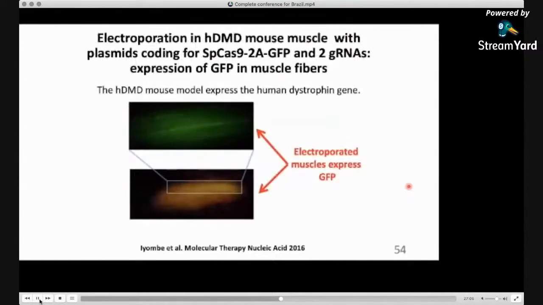For our initial in vivo experiment, we have used the hDMD mouse model. This is a transgenic mouse that expresses the human dystrophin gene, all introns and all exons. We have electroporated in the muscle of this mouse the plasmid coding for SpCas9 fused with the green fluorescent protein and 2 single guide RNAs.